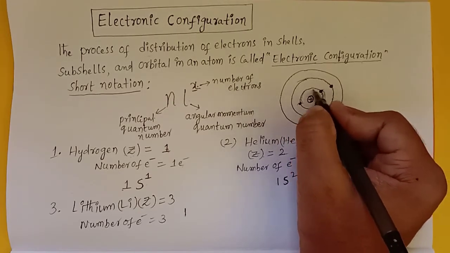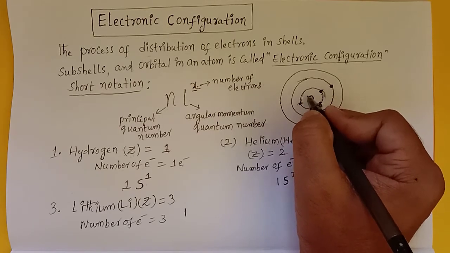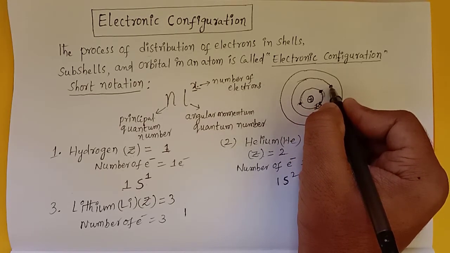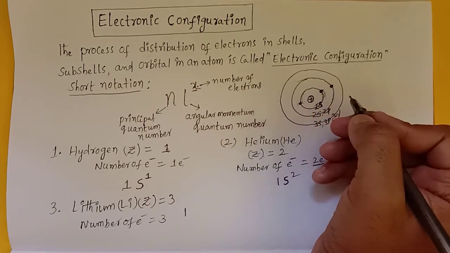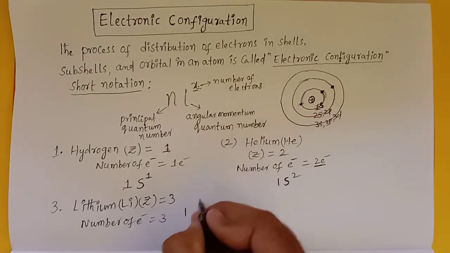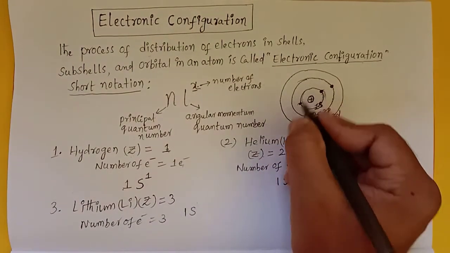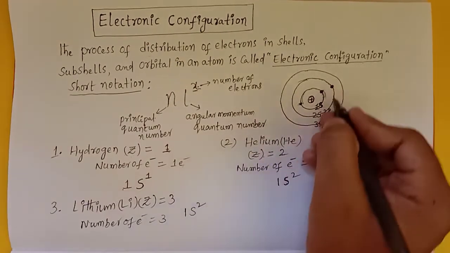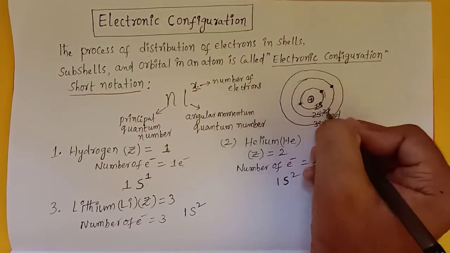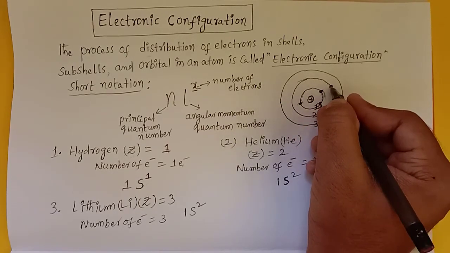So maximum first orbit లో 2 electrons fill చేసినాం, దానికన్నా ఎక్కువ fill చేయలేం. So ఇంకో electron ఎక్కడ fill చేయాలి? Second orbit లో fill చేయాలి. We have to fill the electron in the second orbit. Now observe here how many electrons present in first shell. 2 electrons. So 1s2. Next orbit we have filled how many electrons? 1 electron. Second orbit lo manam 1 electron fill chesnam.